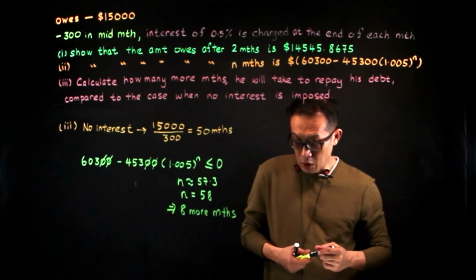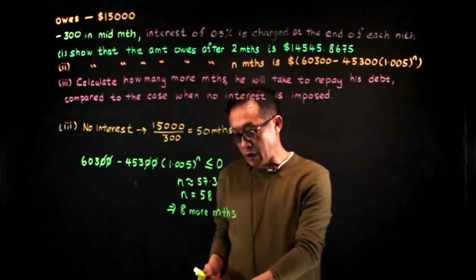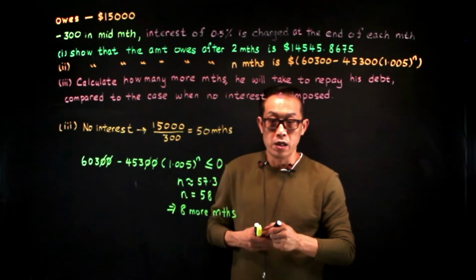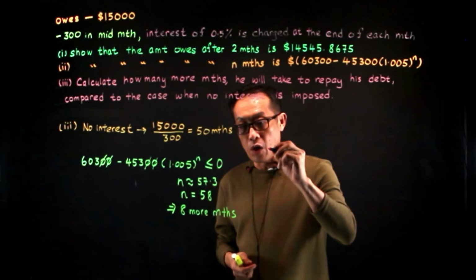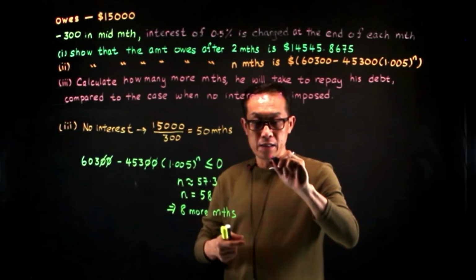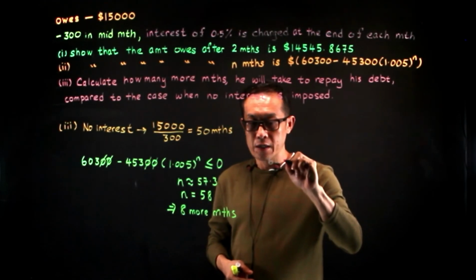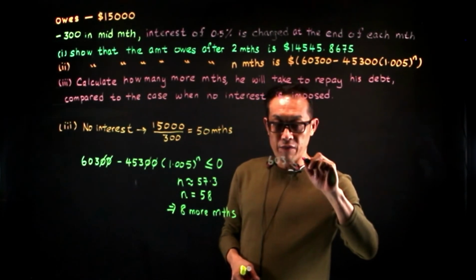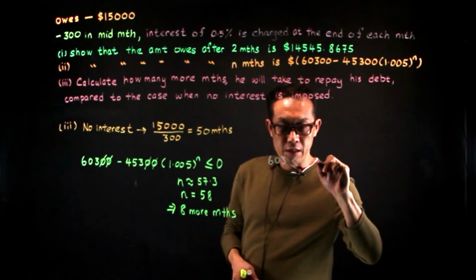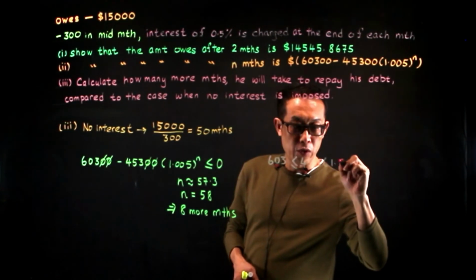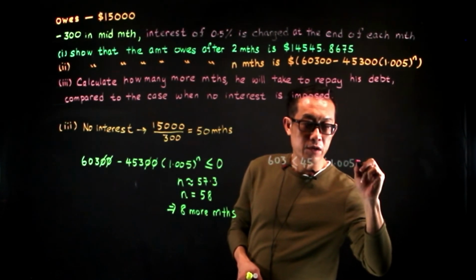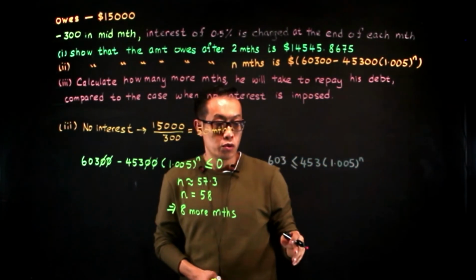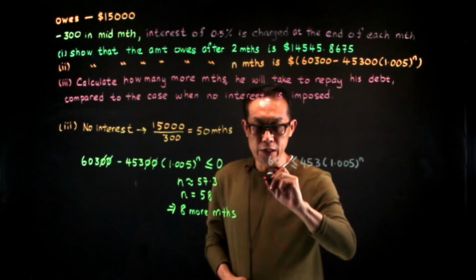Now if you do not want to use the graphical method, you can also make use of log. So let's say this is 603. You bring this over. Now this is 453 into 1.005 to the power of n. Now to find n, you need to log both sides.